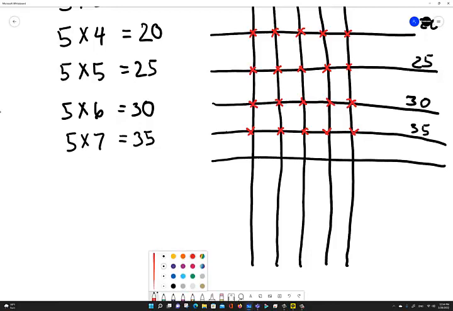Okay, let's do another line. What is 5 times 8? 40, right? That's excellent. Because you know this is 36, 37, 38, 39, 40. Yay! This is 40.